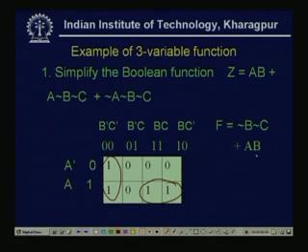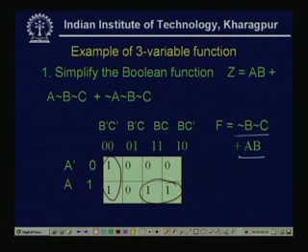From the K-map itself, the first column represents B bar C bar, so this is B bar C bar for the first column, and the other couple is in the second row: it will be A, and BC and BC bar means only B, so that will be AB.